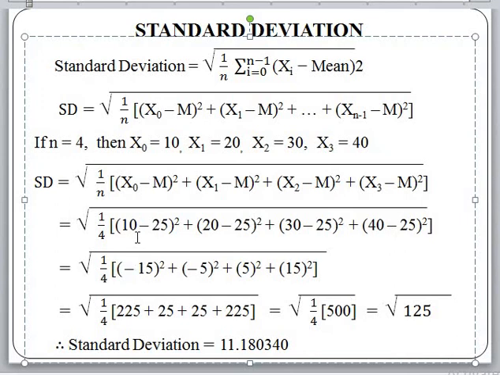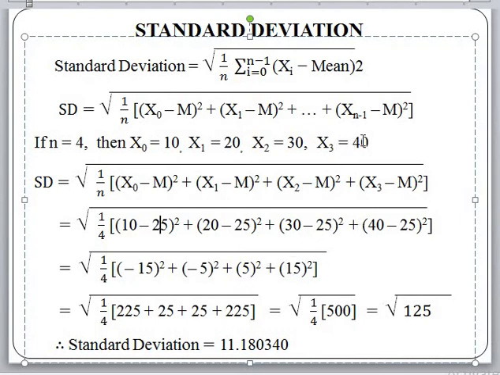Now in the process, we know x0 is nothing but 10, so 10 minus 25 is minus 15 whole square. The second term is 20, and 20 minus 25 is minus 5 whole square. The third term is 30, and 30 minus 25 is 5 whole square.